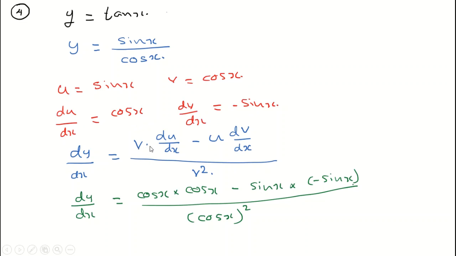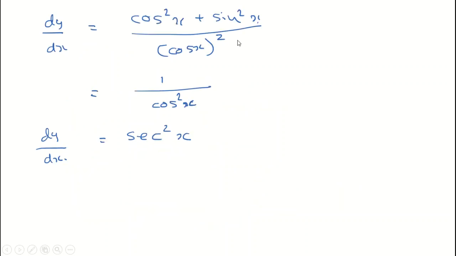So v times du over dx minus u times dv over dx, over v squared: cos x into cos x minus sin x into minus sin x, over cos squared. So here it is cos squared x, here it is plus sin squared x. Cos squared x plus sin squared x is equal to 1. 1 over cos squared x is sec squared x.